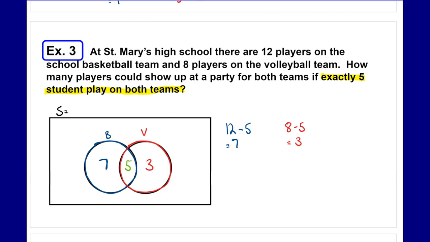Now we do want to figure out how many students in total would show up. So 7 plus 5 plus 3 equals 15 total. So there are 15 total students that could show up to a party.